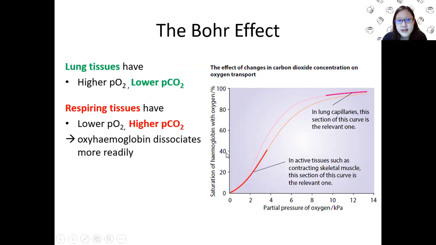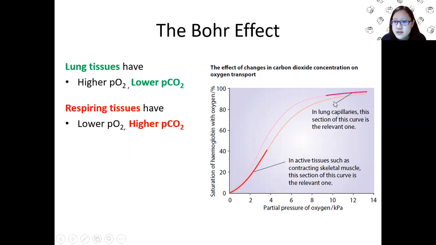So if you look at these curves, let's all look at that first. There's two lines here, and you can see different sections correspond to different parts of your body. When the lung capillaries have a higher partial pressure of oxygen and a lower PCO2, it belongs on this side of the curve, on this particular section.